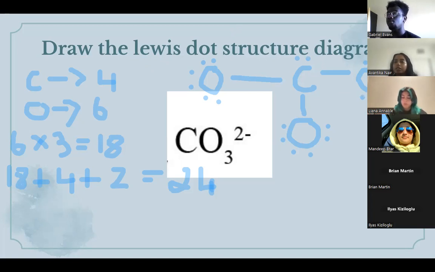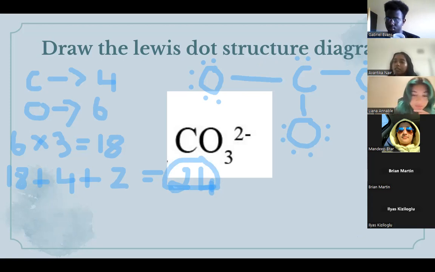How many do we have now? Because then oxygen doesn't have enough. Now if this is the case, everything has 8 and carbon has a lone pair, but now we're going over 24. Does that make sense? Okay, good.